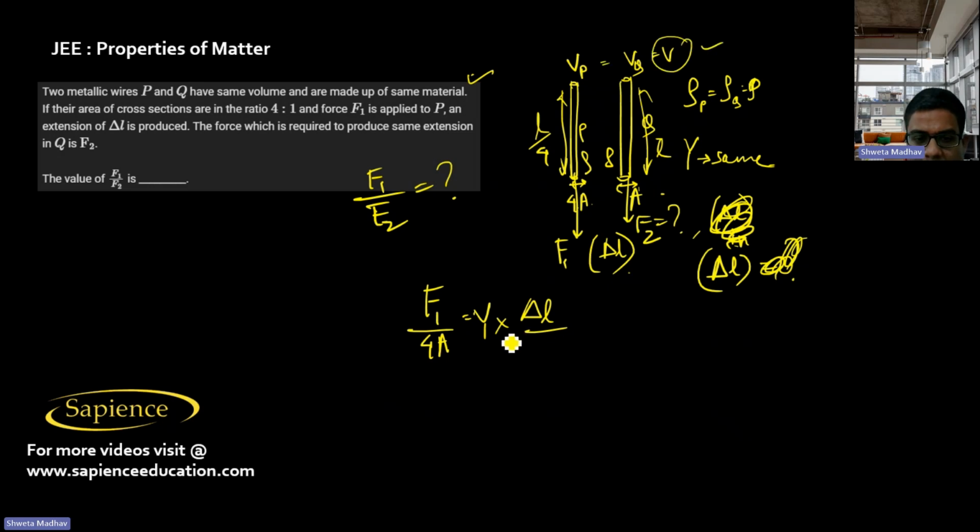So it will be F1 by 4A, which is the stress in the wire P, that is equal to Young's modulus into strain in the wire P, that is delta L by L by 4.